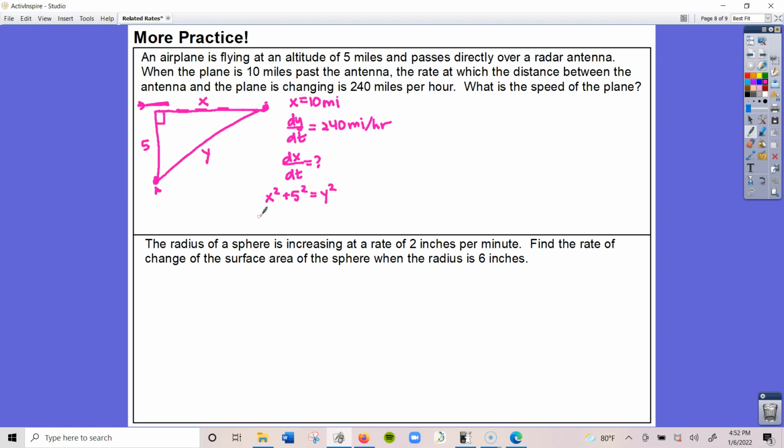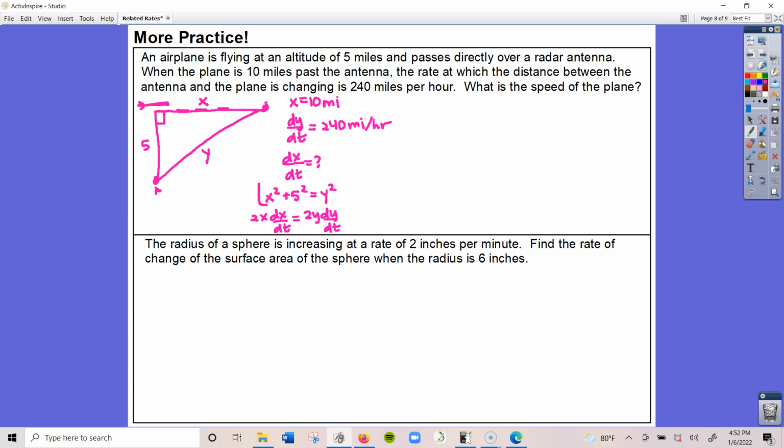Now I can take the derivative, which is 2x dx dt plus 0, because this is 0, is equal to 2y dy dt. Now I have the x, I have the dy dt, and I'm looking for dx dt. Once again, I'm missing the y.